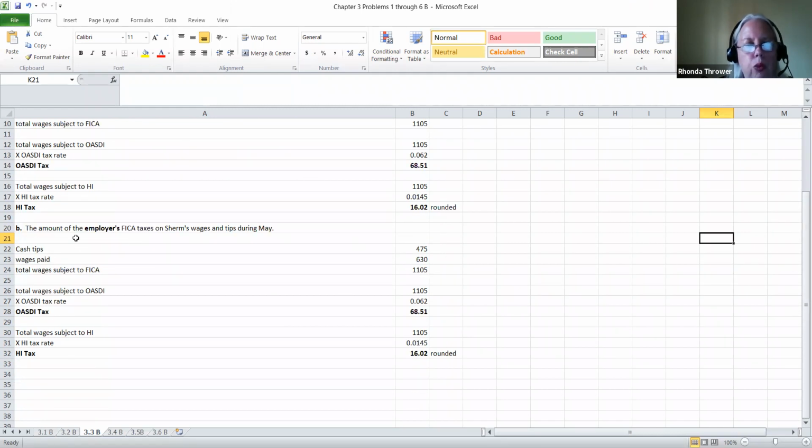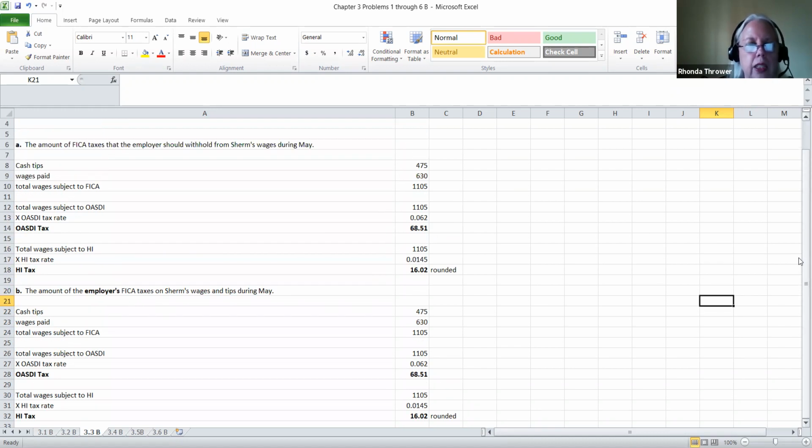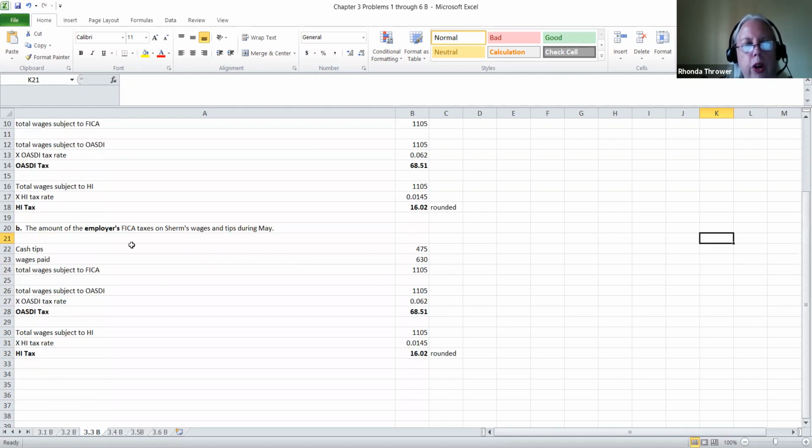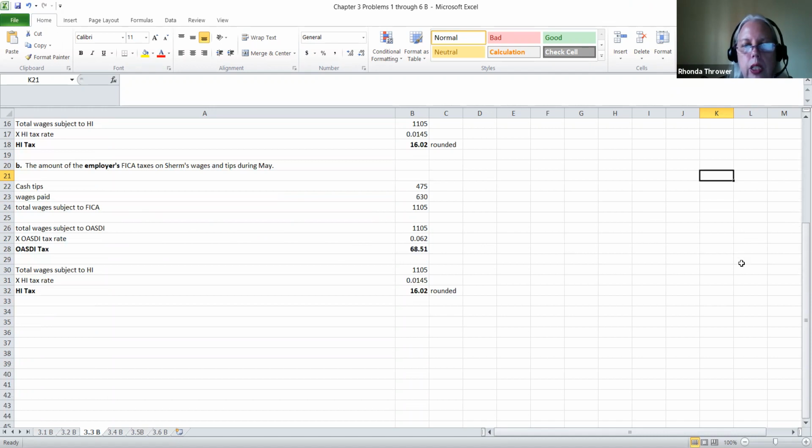In B, they want you to know how much the employer is going to pay. Now, this A was about the employee, what the employee had to pay. The employer has to match the amount. So again, the total wages are still 1105, and we're going to multiply 1105 times 0.062, and that's going to give you $68.51.